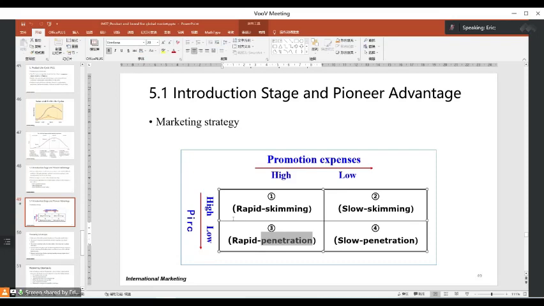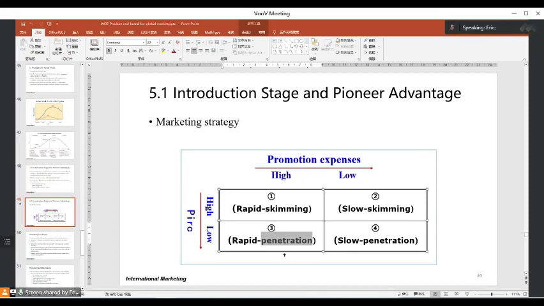Most companies want to use penetration, because the low price is favored by price sensitive customers. Most customers are price sensitive. They want to get a similar product at a low price. So penetration is what most companies choose, especially new companies, new brands, or small and medium-sized companies.